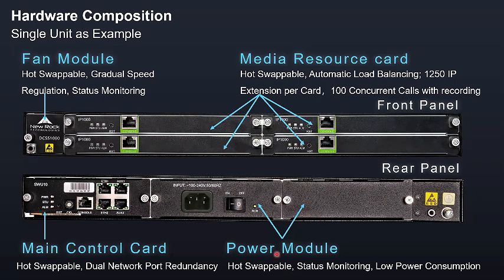It's hot swappable, and we can also do status monitoring on the web GUI and see the power consumption as well. It's really a low power consumption device because we work on a fully IP module for our OM 8000.